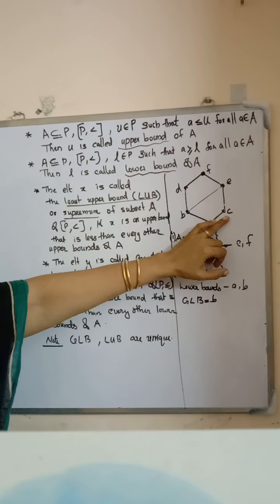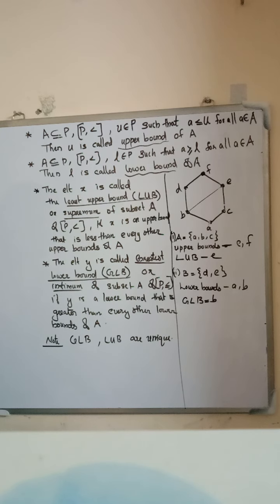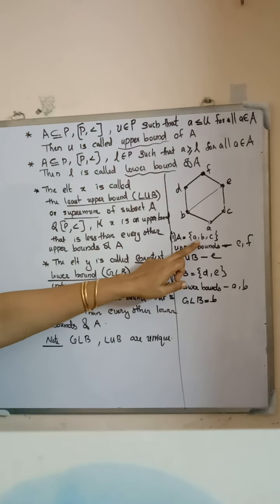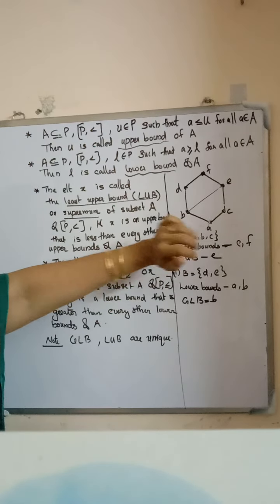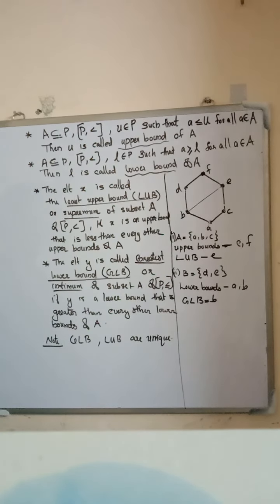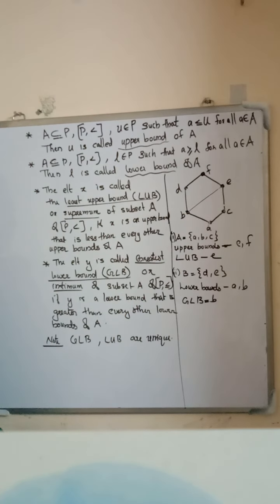Is C a predecessor of D? We check that all the elements in the set are predecessors of D. Is C less than D?